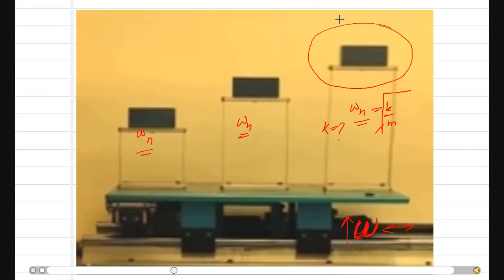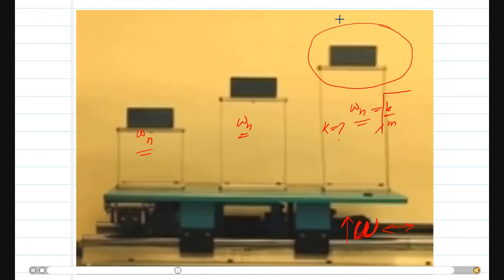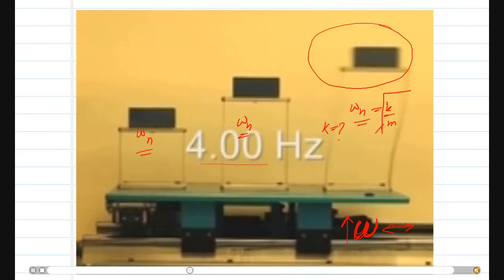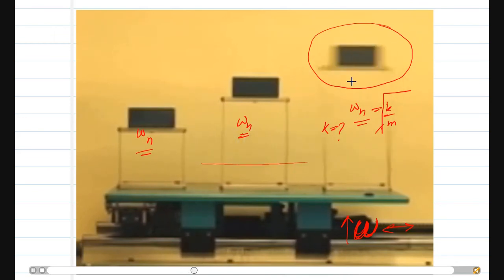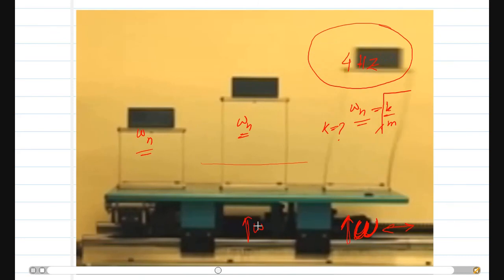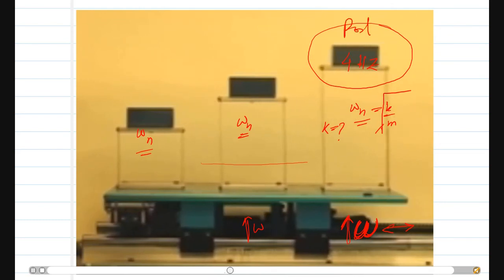Look at this mass. The other two masses are relatively still, but this mass is vibrating because omega becomes equal to its natural frequency, which is 4 Hertz. Now we keep increasing omega. What happens? This one tries to remain still. Now it has gone to post resonance. It has crossed the resonance. Clear?